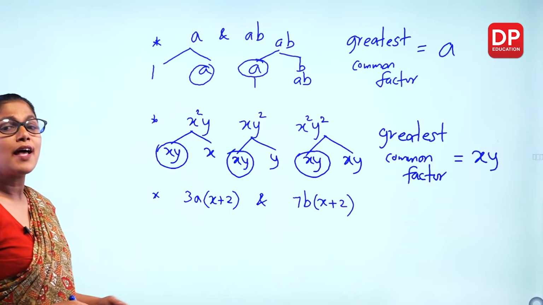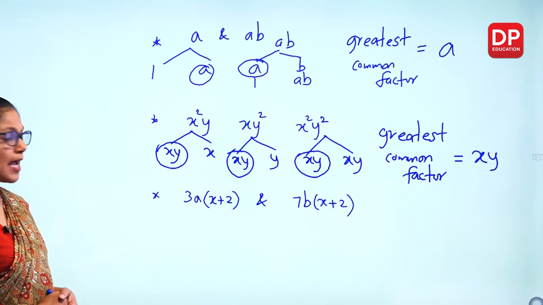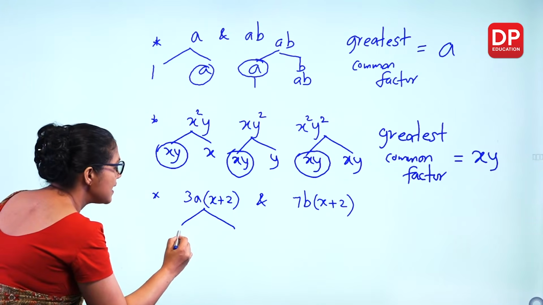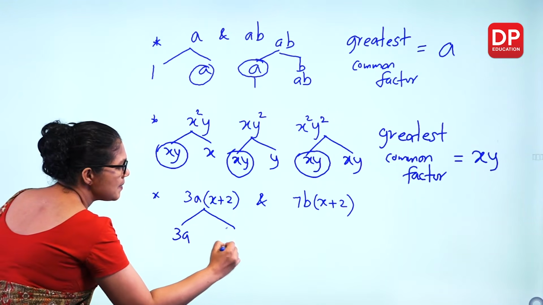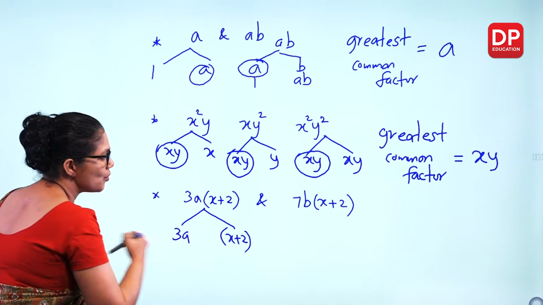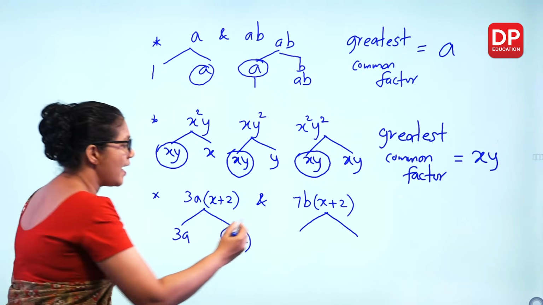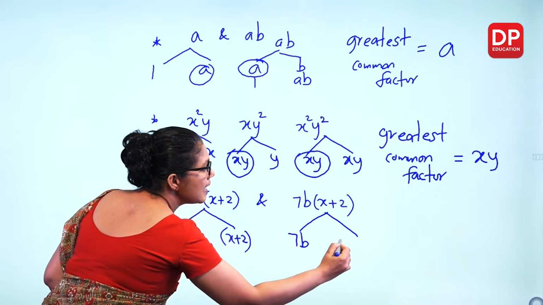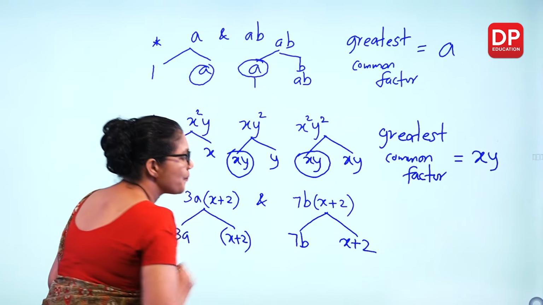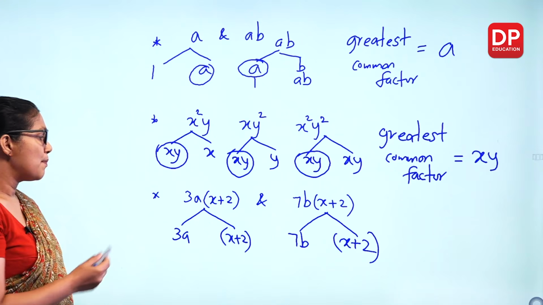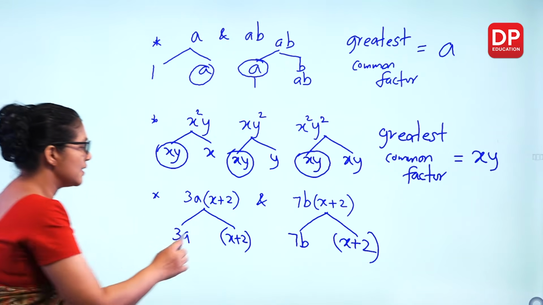Now we'll take another one, 3a times x plus 2. I can write this one as 3a times x plus 2. This one, I can write 7b with x plus 2. Now, look carefully and tell me what's the common factor.